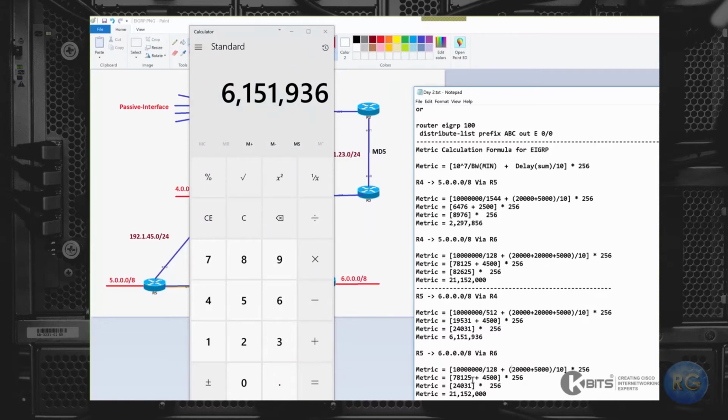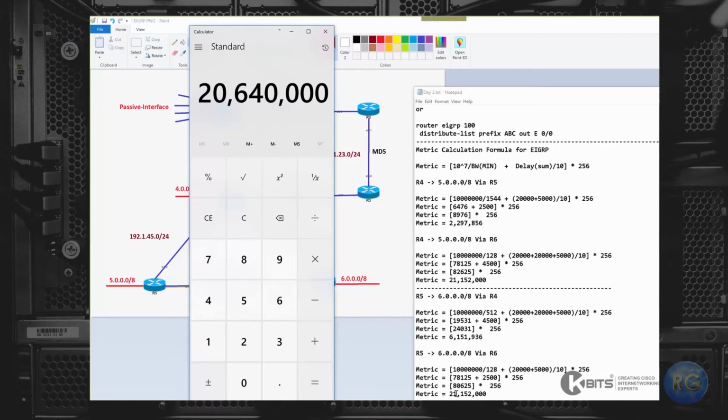All right. So we had done this calculation over here, 78125. The only other thing is 2,500. So 78125 plus 2,500 is 80,625 times 256.